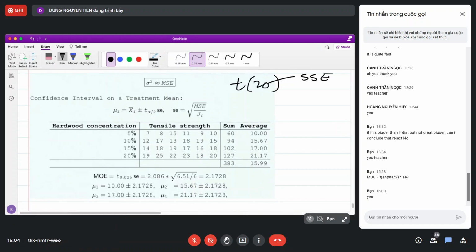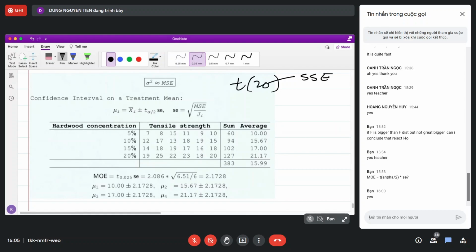The standard error in our problem is the square root of the mean square for error divided by the number of observations for each group, that is 6. So you get the square root of 6.51 over 6, and that is 2.1728.